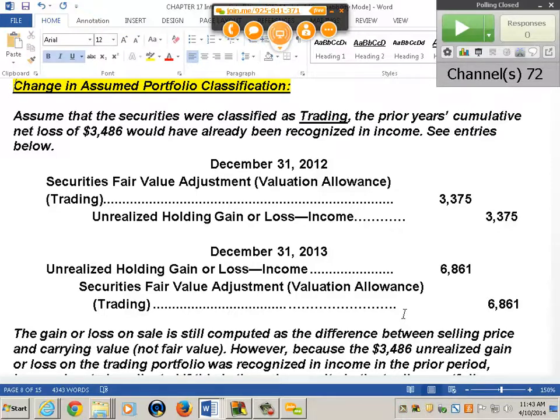The amortized cost is 189,849, and the allowance account is at 3,486. Now, the only difference is that the unrealized gains and losses have already been reported on the income statement.